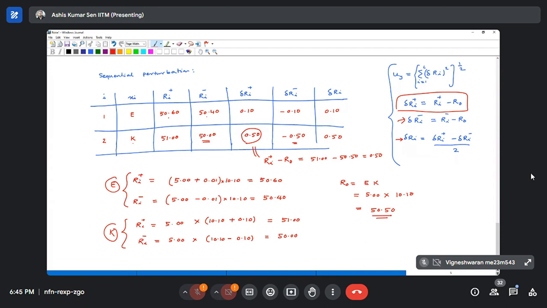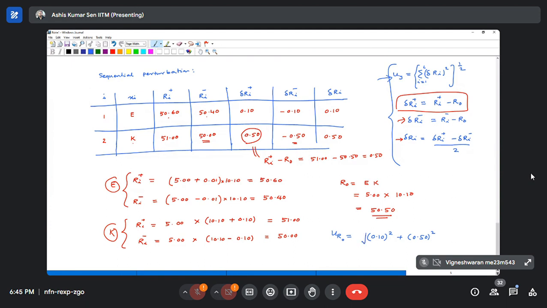Okay. So once we have found all these, then we can find the uncertainty U of R naught. I can find now the sum of delta Ri square: 0.10 square plus 0.50 square.